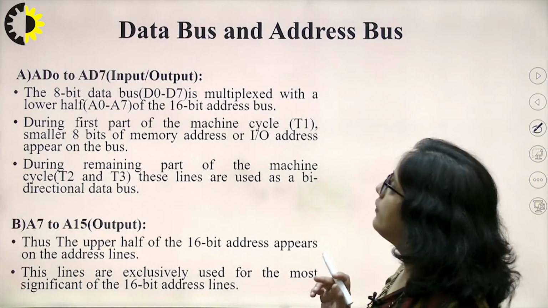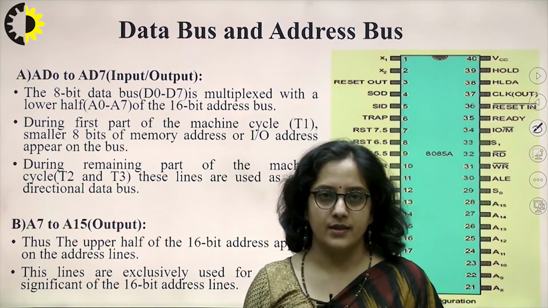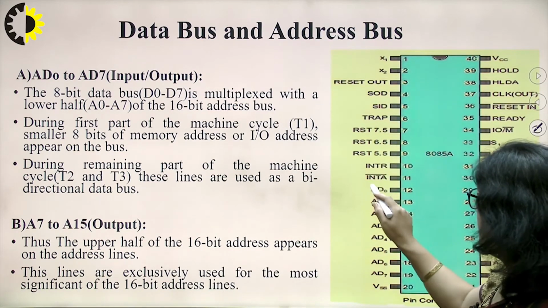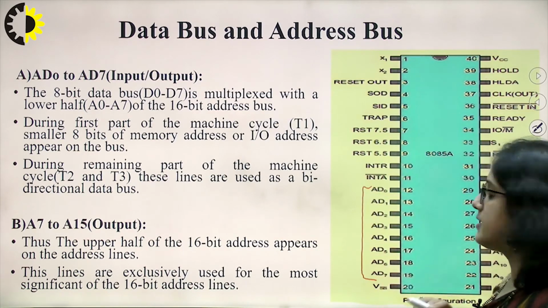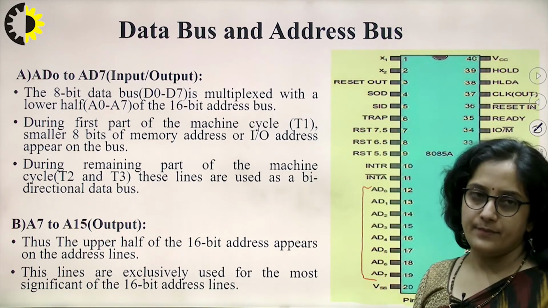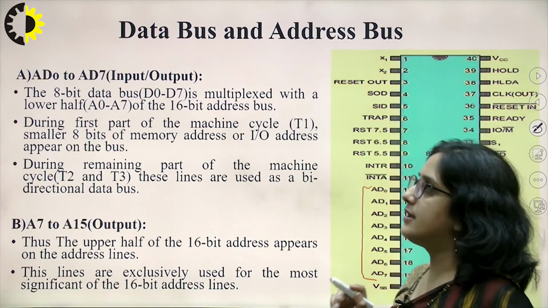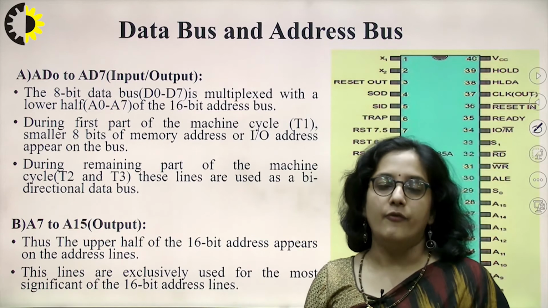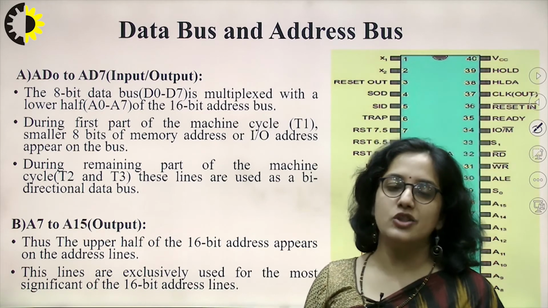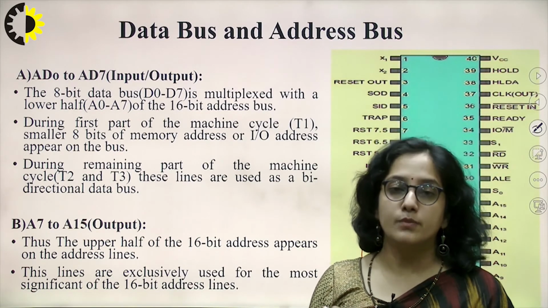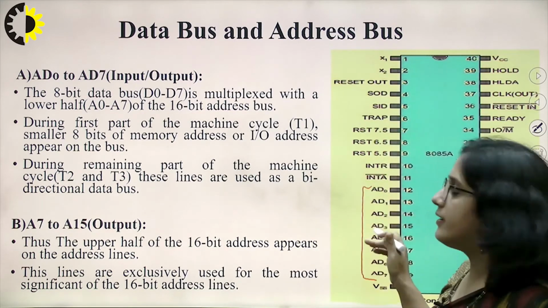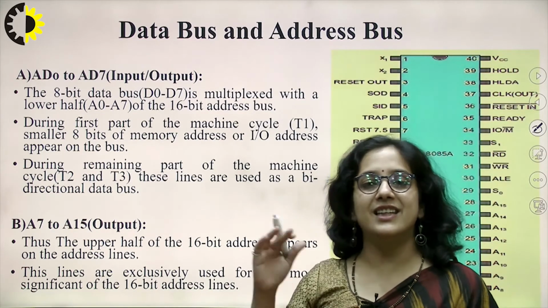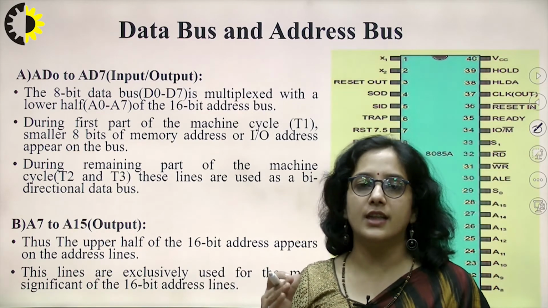Next group is of data bus and address bus. Here pin number 12 to pin number 19, these 8 lines are working as a multiplexed address and data line. Why are we multiplexing address and data lines? So that we can have a small pin diagram. If we don't have this multiplexer, then we need 16 different address lines and 8 different data lines.